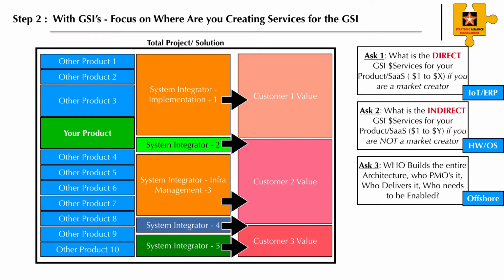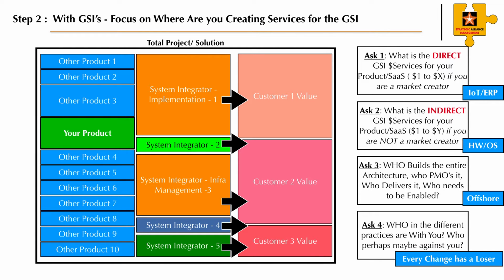And then the third is who builds the architecture and the PMO and so on, who delivers it, typically offshore. You need to keep a relationship with them and even ask how you're contributing revenue to them and who in the different practices you are working with.